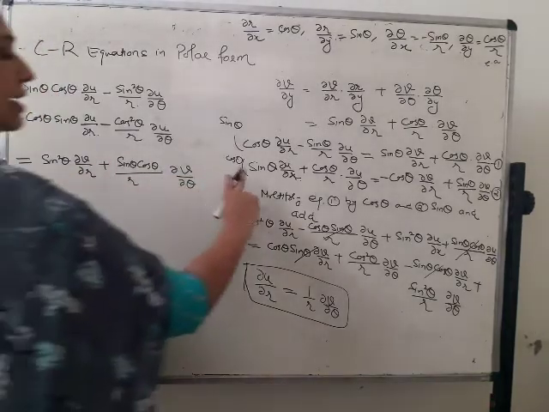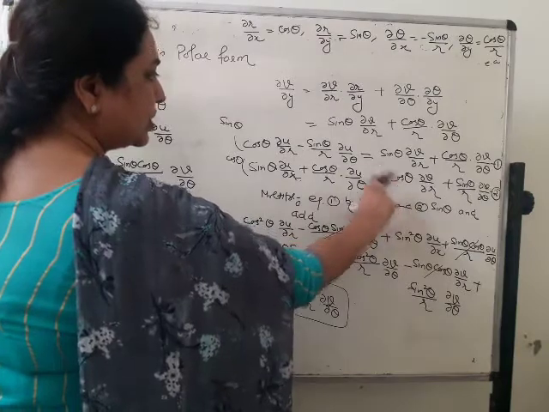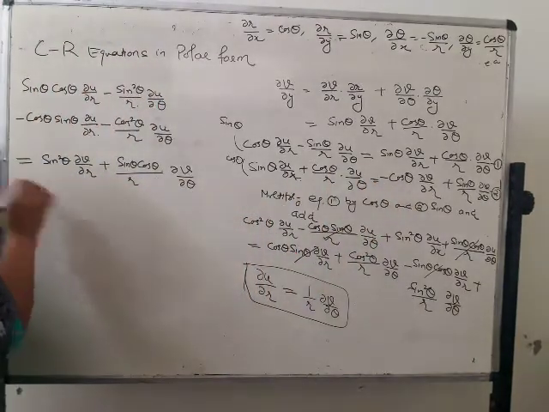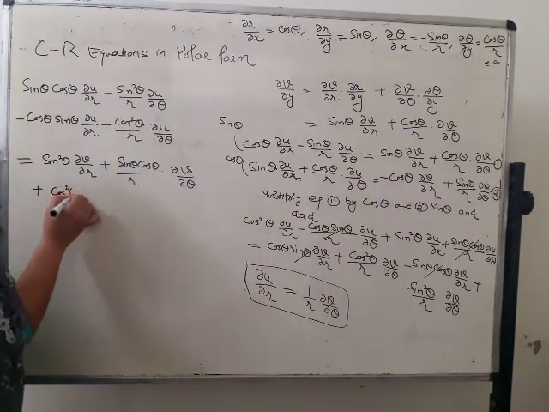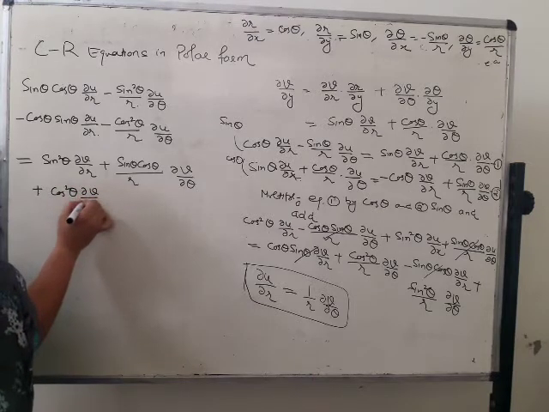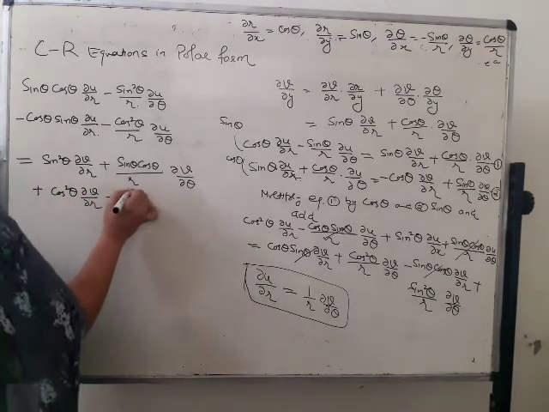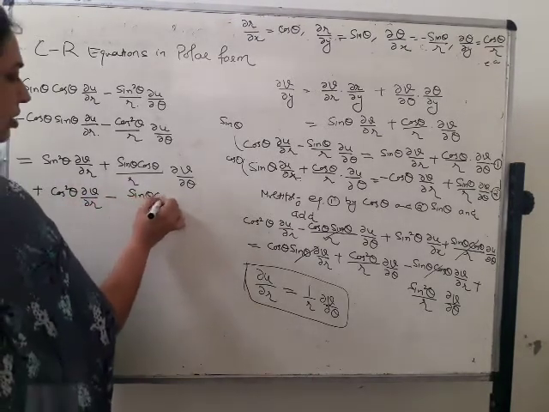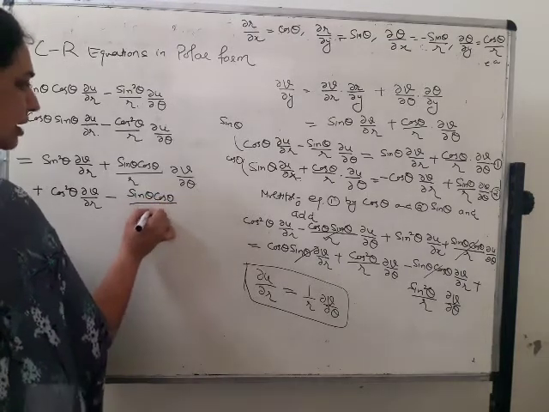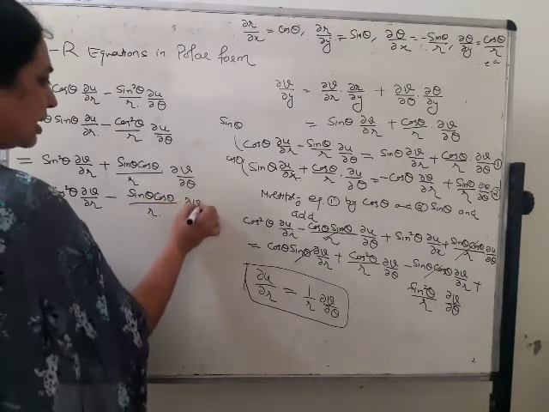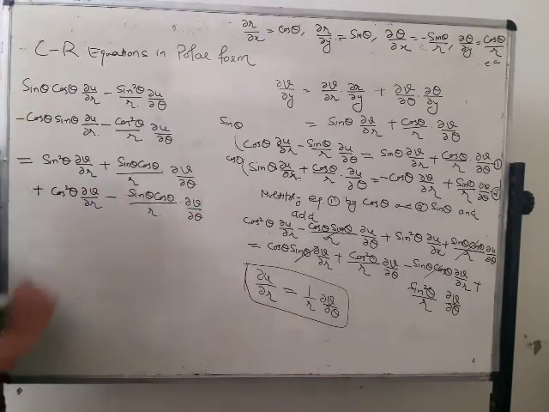minus the right hand side of this equation, so we get plus cos²θ ∂v/∂r minus sinθ cosθ/r ∂v/∂θ.